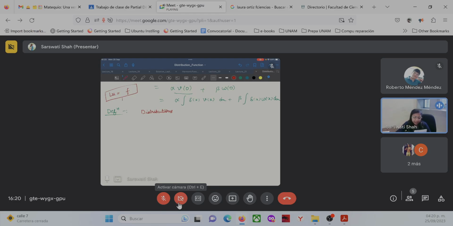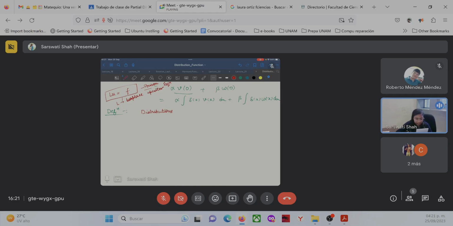What is the name of this partial differential equation? When L is a wave operator, when L is a Laplace operator, it is the Poisson equation. Yes, exactly. So we are going to see the solution of the Poisson equation in the next section.